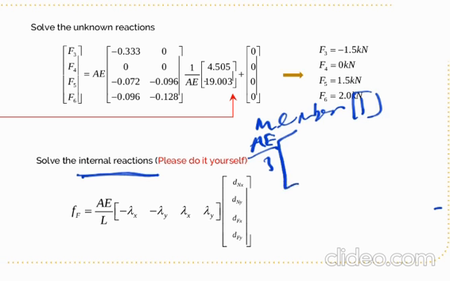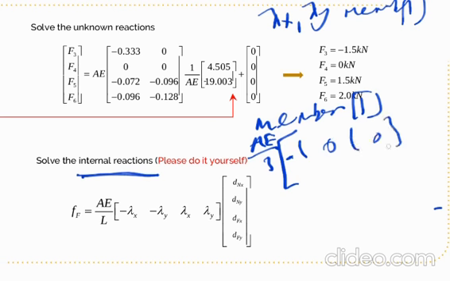Lambda x is 1, as we calculated when we found the lambda x and lambda y of member number 1. Minus lambda y is 0, and lambda x is 1 and lambda y is 0.